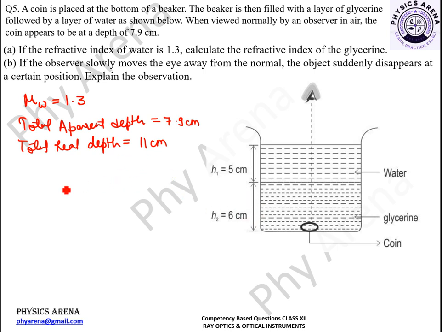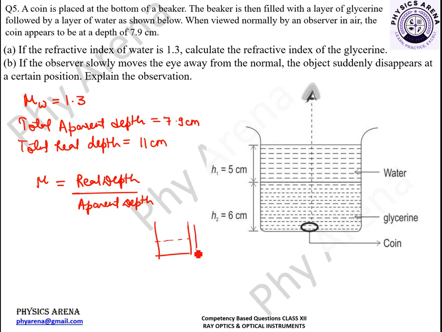Now, before solving this question, let me give you the relation between the real depth and the apparent depth. The refractive index of a medium, mu, is the ratio of real depth to apparent depth. So, if I draw a figure, this is the real depth y and the raised height is x.